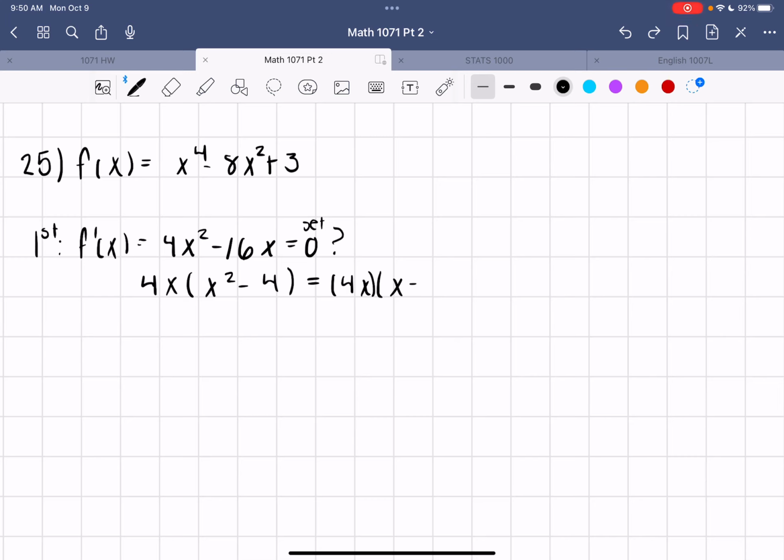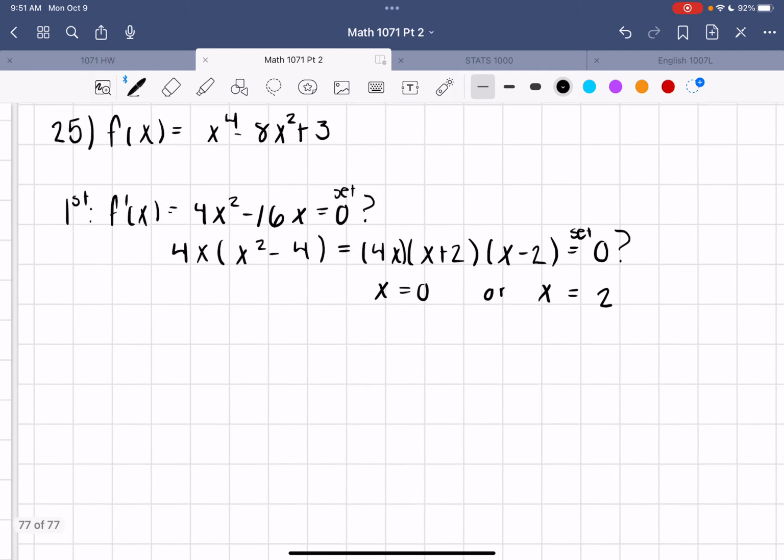And I need the y coordinates of all of these. So take that negative 2 and put it into the original. So negative 2 to the 4th power is 16, minus, well, negative 2 squared is 4, that's 32. Add 3.